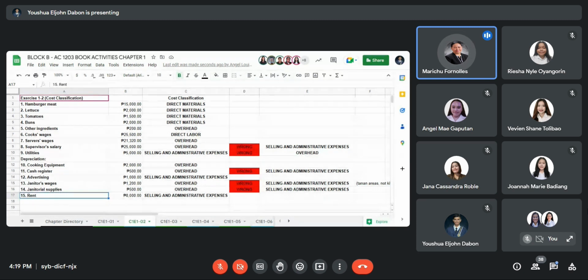So wala sila income directly earned by such segment. Mao nga there is an allocated share of their overhead assigned to the product. Gets niyo?